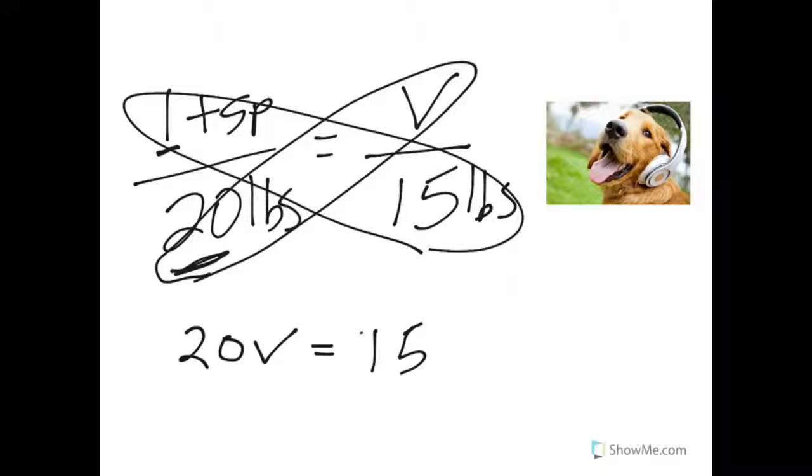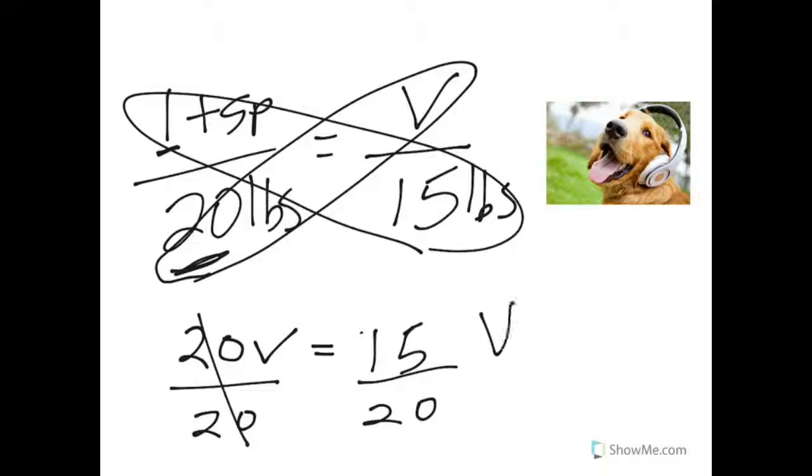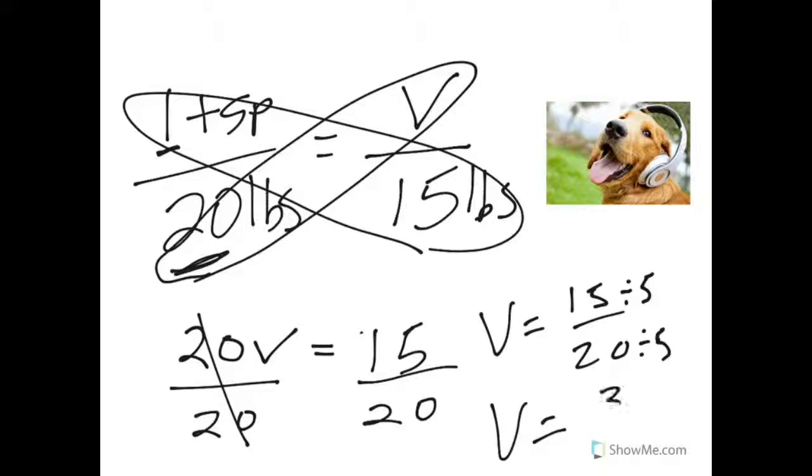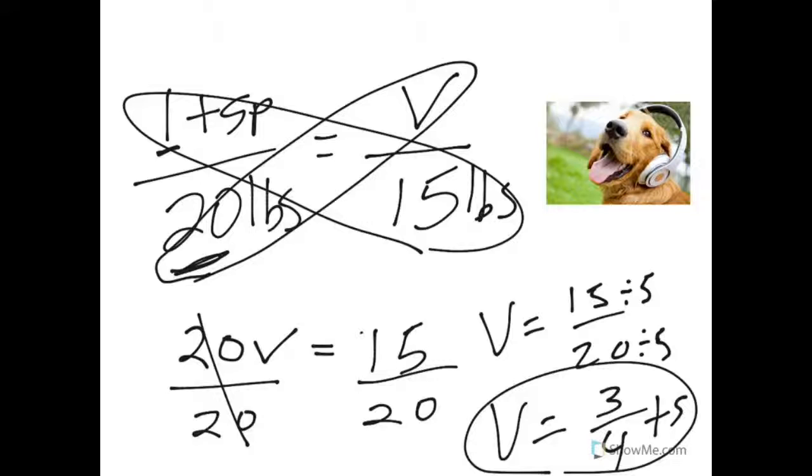Now, I need to divide out that multiplication. So I divide that, that cancels out. So now I have V equals 15 over 20. I'm going to divide that by 5. 15 divided by 5 is 3. 20 divided by 5 is 4. So what would I give my dog? 3/4 of a teaspoon.